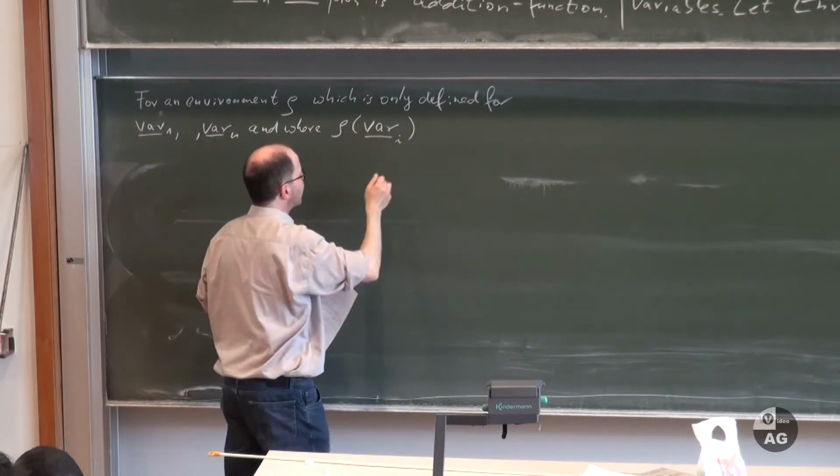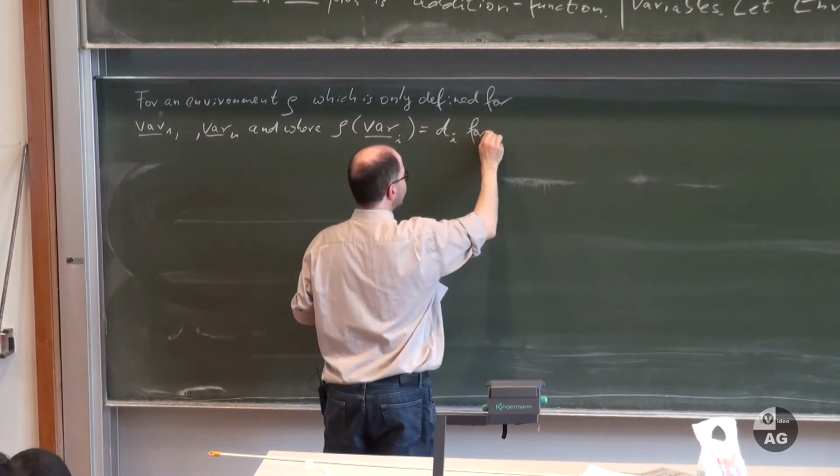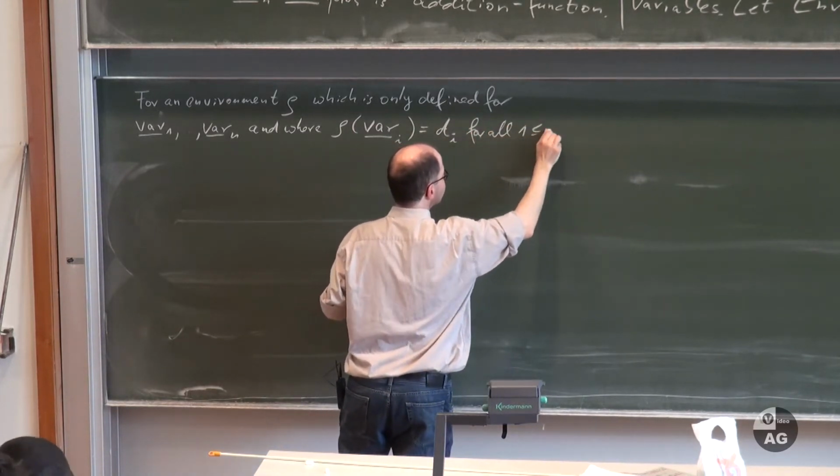So each var_i is mapped to some element di for all i between 1 and n.